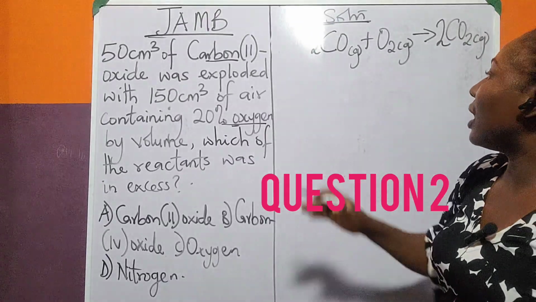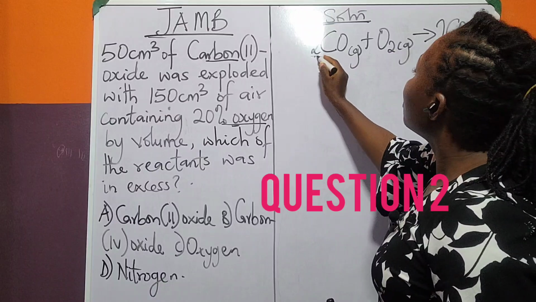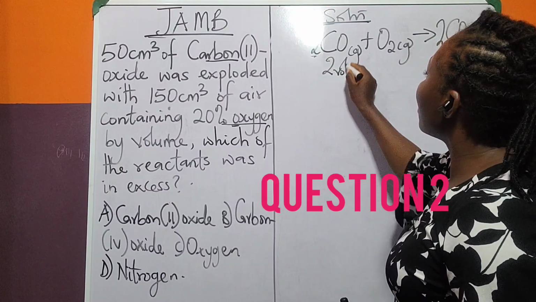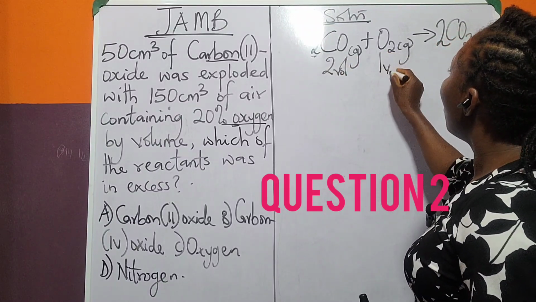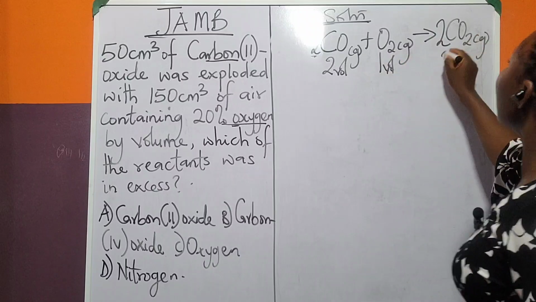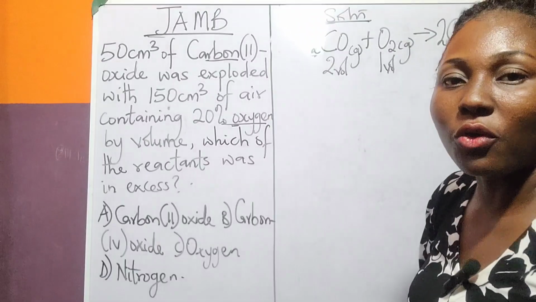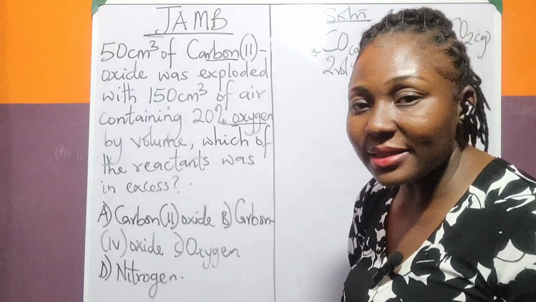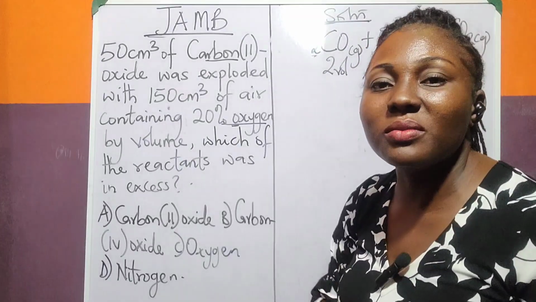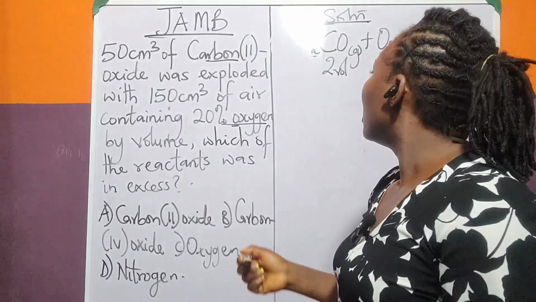And from the equation, I will notice that I have 2 volumes of carbon(II) oxide, 1 volume of oxygen gas, and 2 volumes of carbon(IV) oxide. My next step is to check the volumes that were provided.